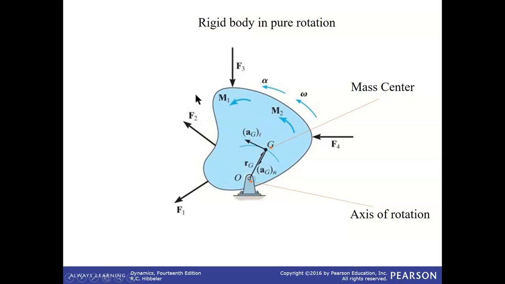These are different forces which are applied on the body. M1 and M2 are various couple moments that act on the body, and as a result of all these forces and couple moments, the body rotates counterclockwise with some angular velocity omega and some angular acceleration alpha. And if you look at the path followed by the mass center of the rigid body, then it's a circular path or arc.